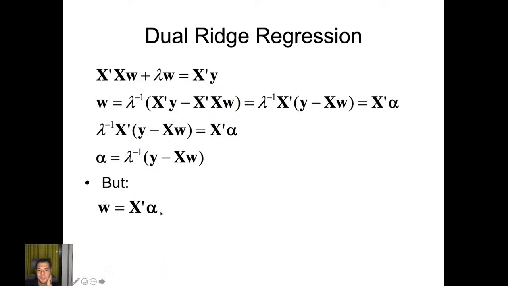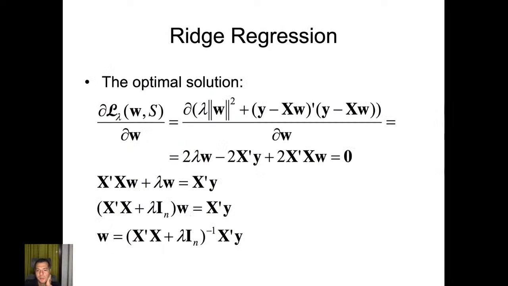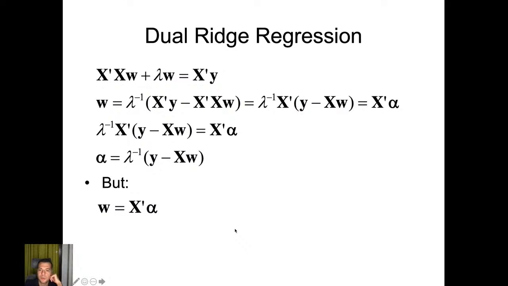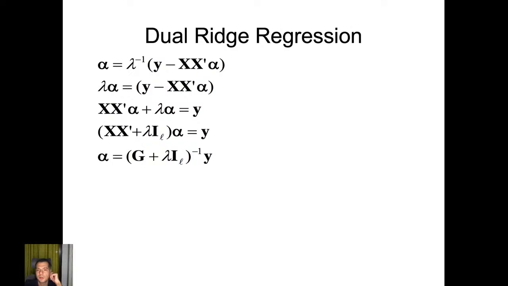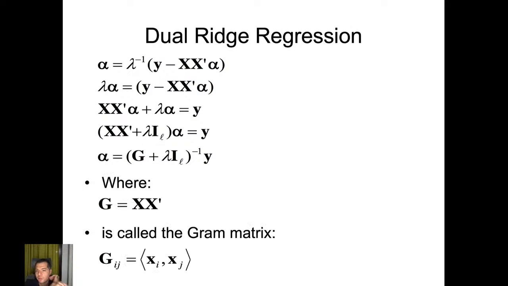We can also optimize the problem with respect to the primal problem, which is this one. But here we have to do a bit more computation. So you see that the equation for the dual problem is a bit easier to compute. Okay, so this is dual ridge regression and how we can obtain the solution for alpha from the primal form.